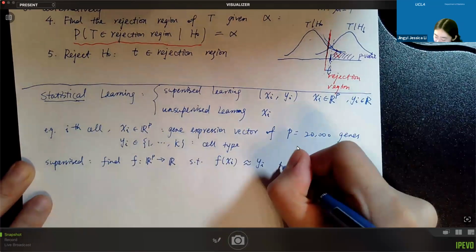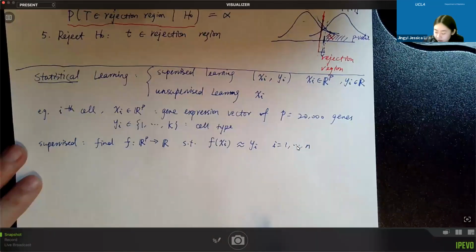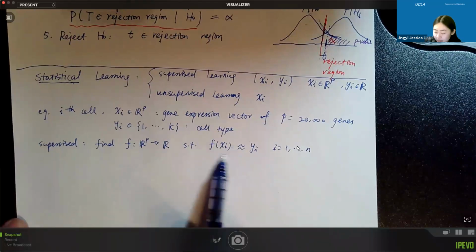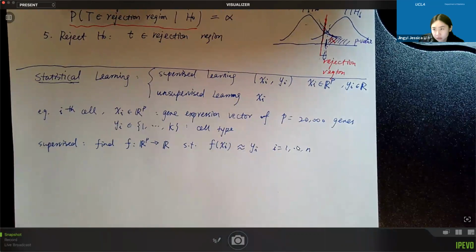Here, let's say I have n observations, i from 1 to n. The goal is to find this function such that I can predict yi well enough from xi. That's the supervised learning problem. Depending on the nature of yi, we can further classify it as regression or classification.